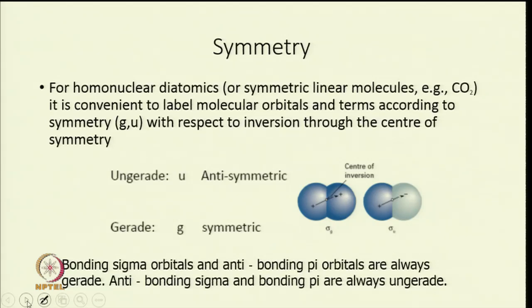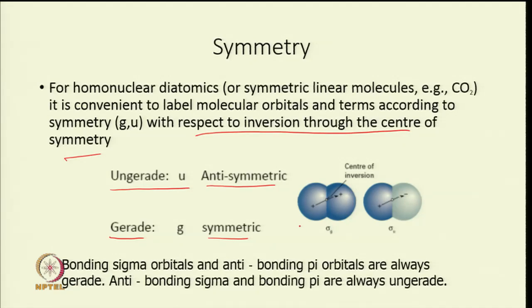This is the symmetry with respect to inversion through the center of symmetry. Ungerade u stands for anti-symmetry with respect to inversion through the center of symmetry, whereas gerade stands for symmetric with respect to inversion through the center of symmetry.